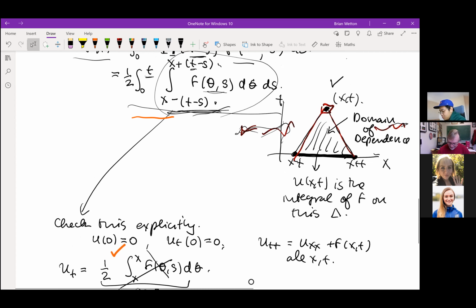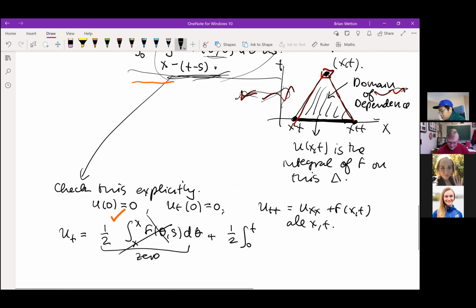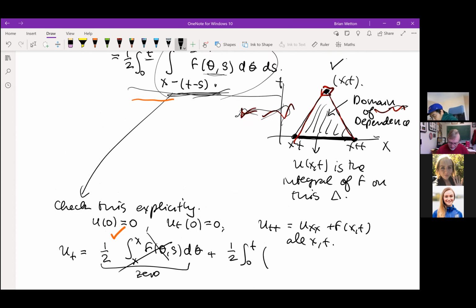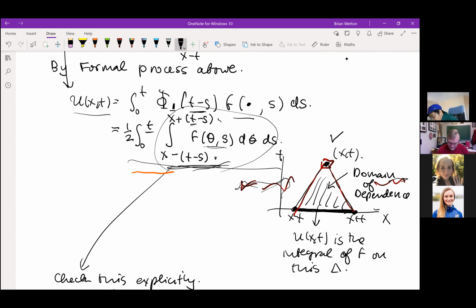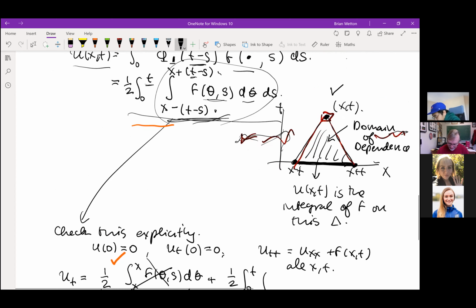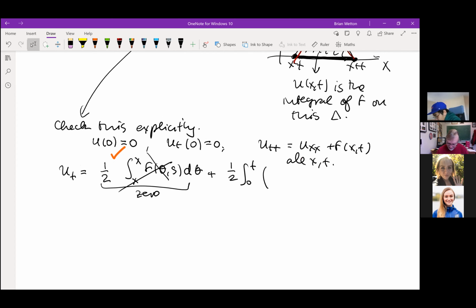Okay, now I'm going to have the integral from 0 to t, 1/2, the integral from 0 to t. And what am I going to get? Well, I'm going to get the contributions from the upper and lower limit, right? And I get to put those contributions in, because I'm integrating with theta, I have to put those values into the function f.